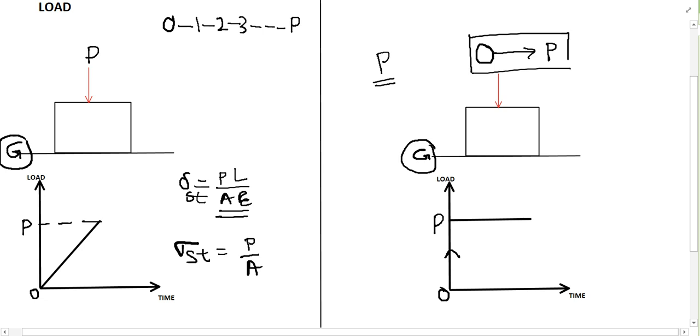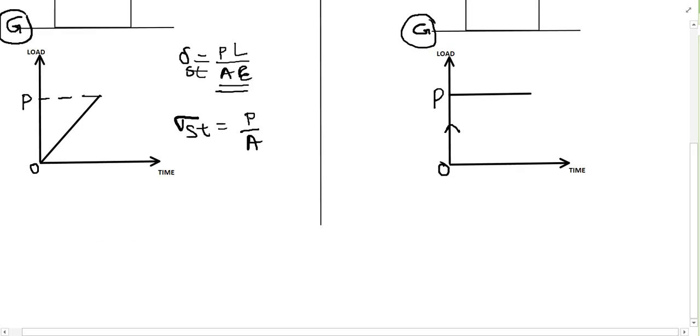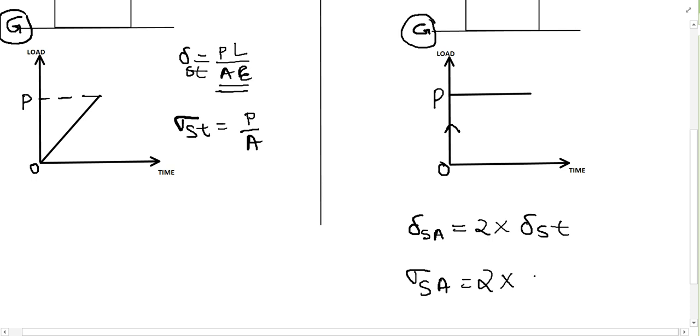Now here the deformation will not be the same as it was in gradually applied load. So what's the difference here? Let's say delta suddenly applied, delta SA. The deformation will be 2 times of what we have seen in delta static, and the stress in suddenly applied will also be 2 times of sigma static.